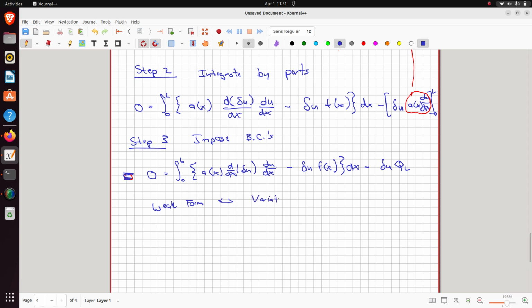Also known as the variational form. Okay? So why do we call it the weak form?